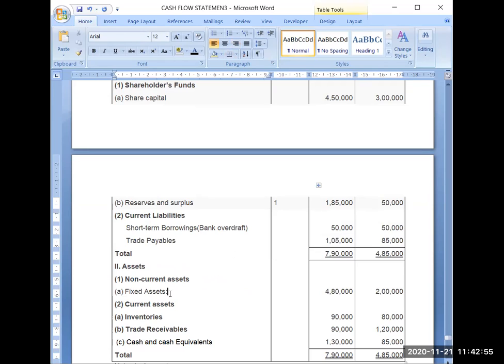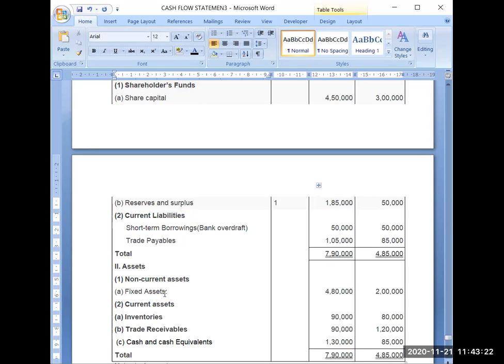Then I cannot calculate because some sort of investment should be there for receiving the interest or dividend. So that is also not there in the non-current assets, because whatever income I will be getting from the investing section, that is fixed assets or non-current asset section, that will be only non-operating income. Because there are no investments, I will not be having any interest received or dividend received.